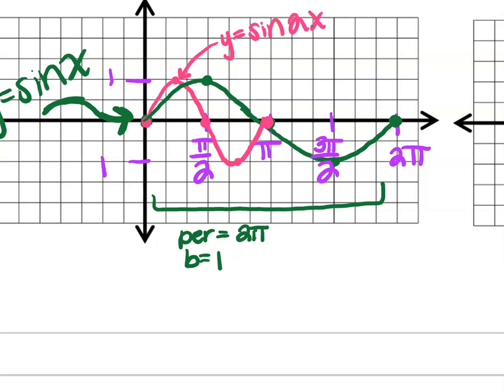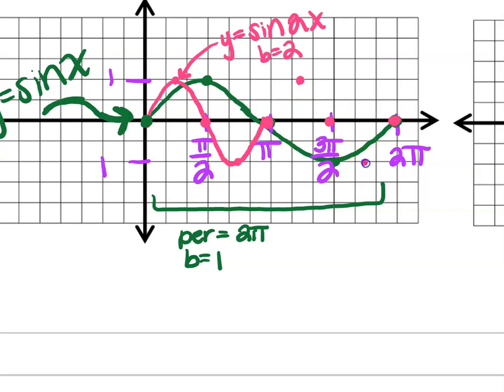Now, the reason why the frequency is 2 is because if I were to continue this pattern, I would see 2 full cycles of sine. So for sake of argument, guys, let's go ahead and do that. So start here, end here, halfway in between. Again, this is another 6 boxes. Halfway, I'm up at the max.